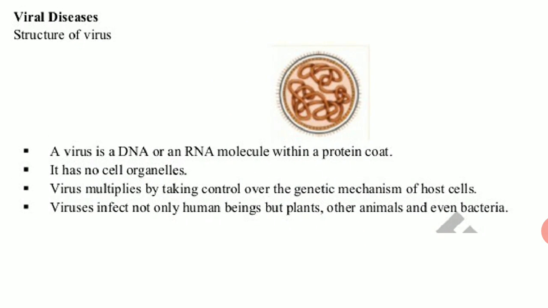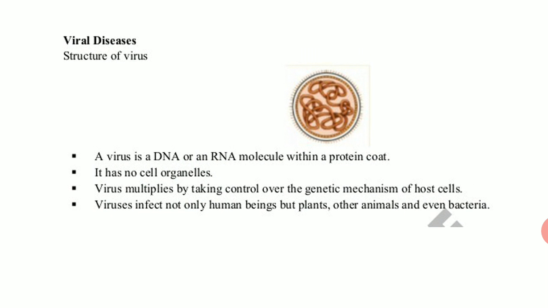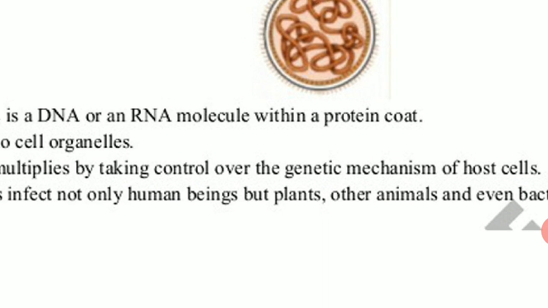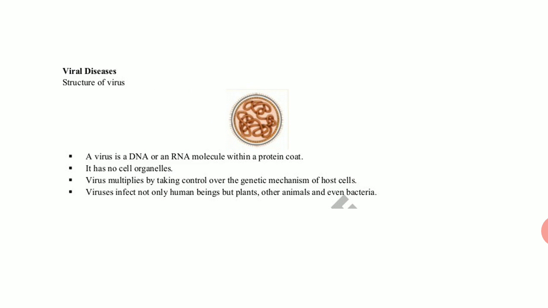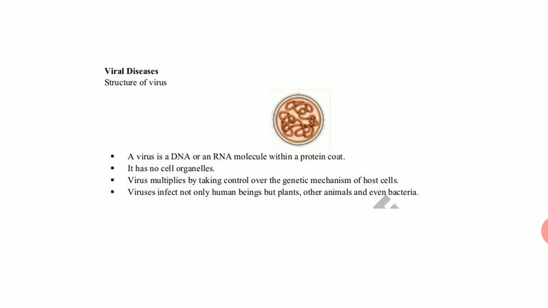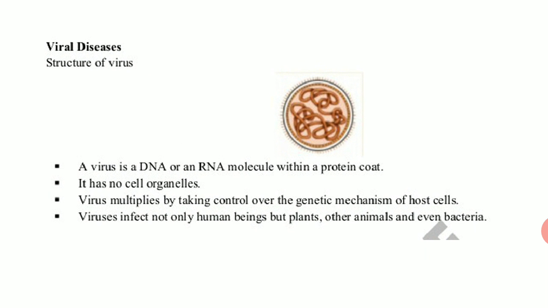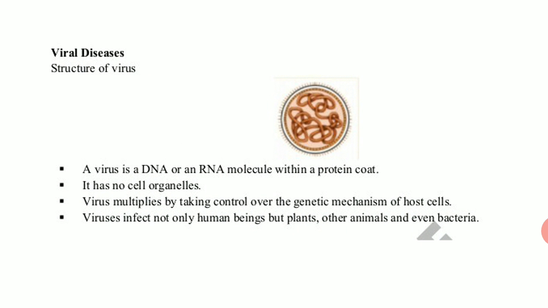This virus multiplies by taking control of the genetic mechanism of the host cell. Virus affects not only human beings, it affects plants, other animals, and even bacteria also get affected by virus. Here we just discussed the beginning of virus, a general introduction. We will learn in detail about viral diseases in the next class.